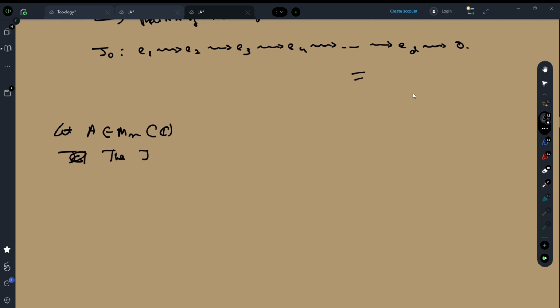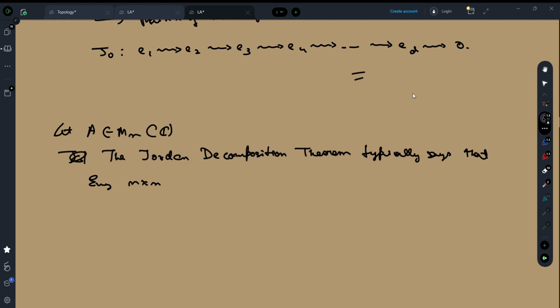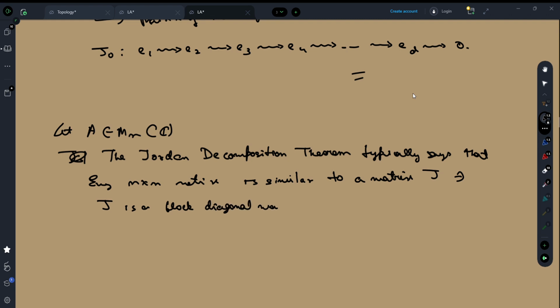So the Jordan decomposition theorem typically says that every n cross n matrix is similar to a matrix J, such that J is a block diagonal matrix with the blocks being Jordan blocks.